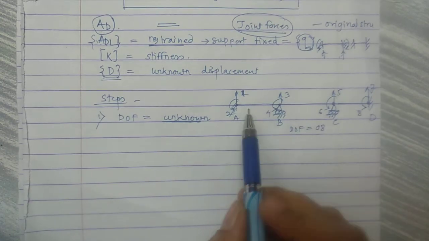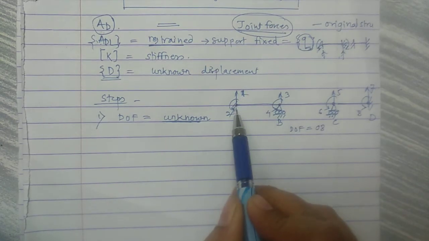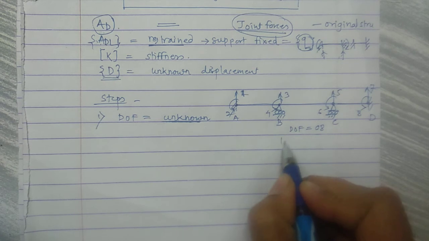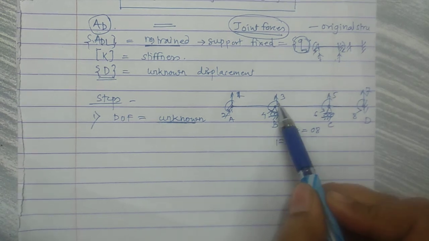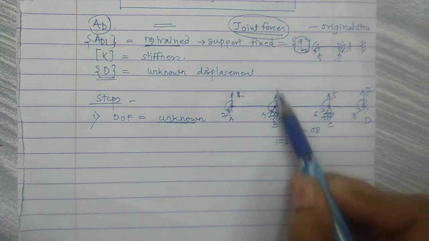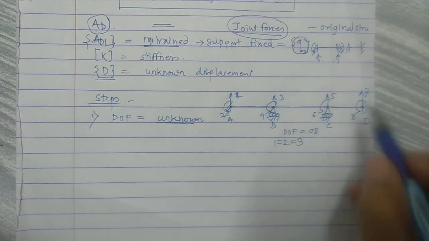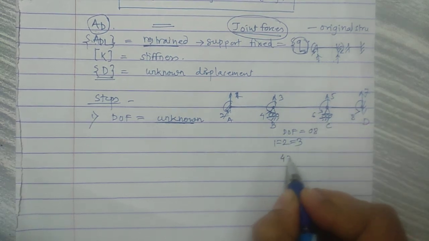Let us see this example. Numbers 1 and 2 are at a fixed support, so they are 0. After that this is a roller support, so this vertical is 0. Number 4 is unknown, that is theta B.